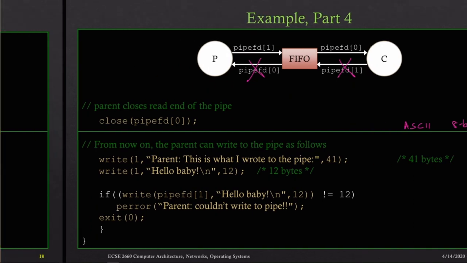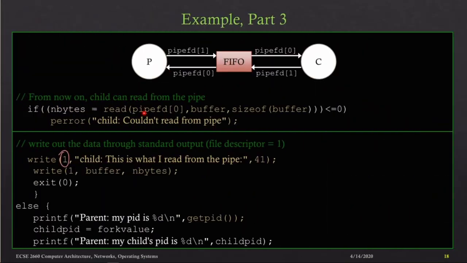And inside the child, we are of course reading the read end using the file descriptor 0 and putting that value in the buffer, which will eventually be written onto the screen. So there's one example where we see how a parent process could write to a pipe buffer and the child process could read from the read end of the pipe.